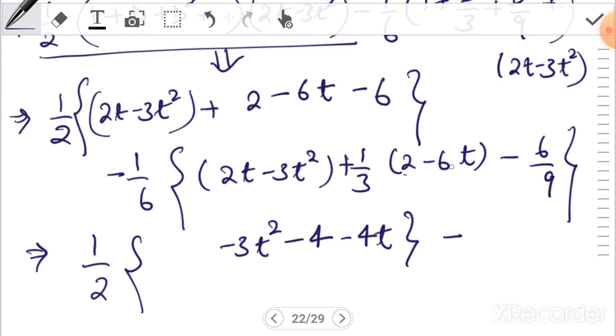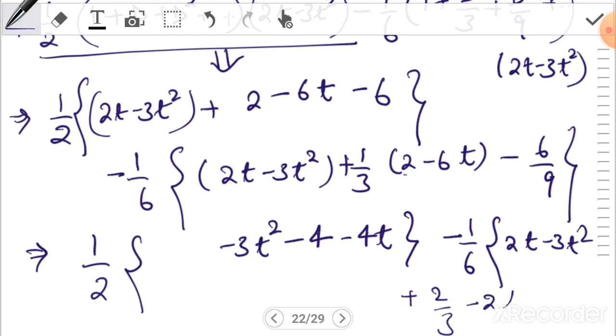And this is minus 1 by 6 (2t minus 3t square plus 2 by 3 minus 2t and minus 6 by 9). So 2t minus 2t gets cancelled, then minus 3t square, and 6 by 9 is 2 by 3, so this gets cancelled. We are left with only minus 3t square.